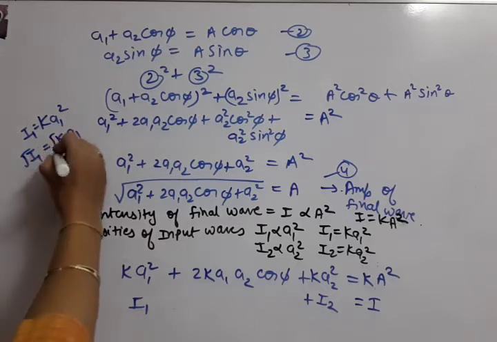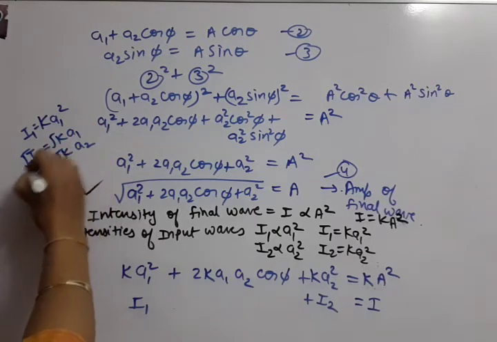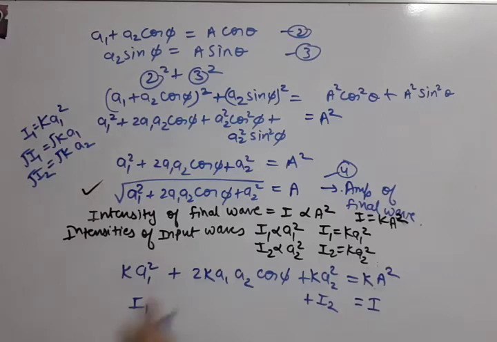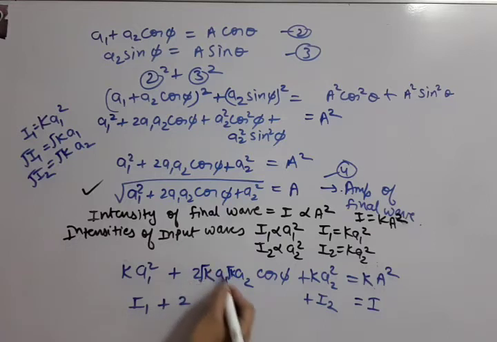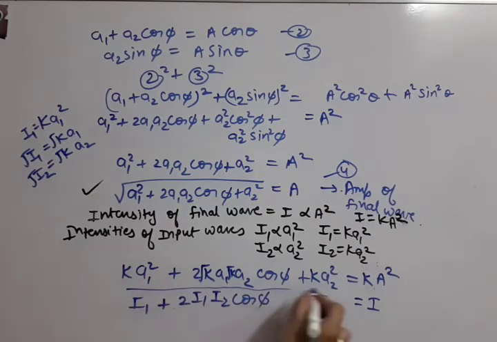In the same manner, root K a2 will be root I2. So one root K and a second root K. This way, it will finally become 2 root I1 I2 cos phi. Okay. So this is the final answer for the intensity of the final wave.